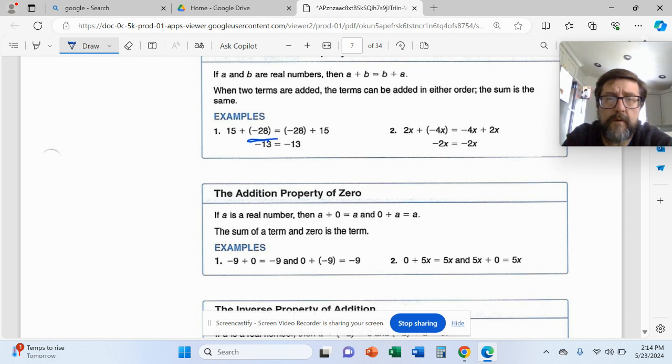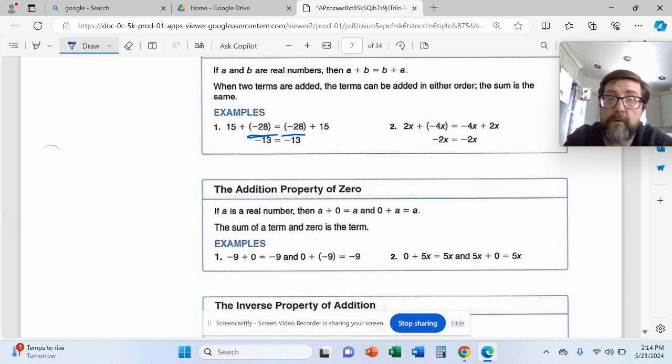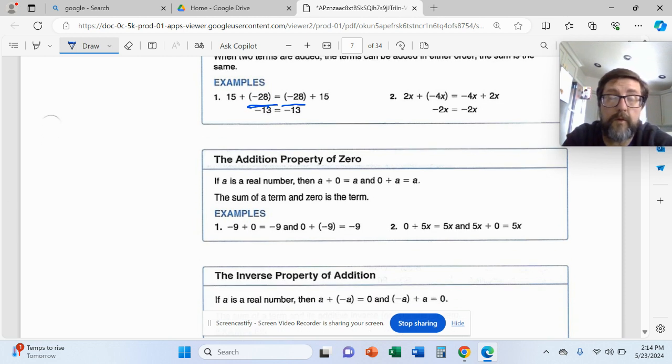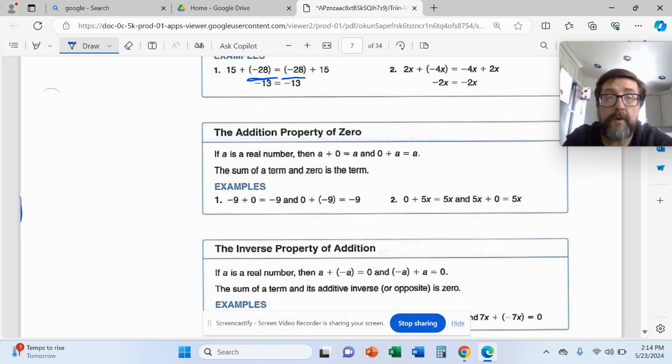I realize they do that because it's a negative number and your calculator wants to put negatives around. So 15 plus negative 28 equals negative 13, and negative 28 plus 15 equals negative 13. It doesn't matter. 1 plus 2 equals 3, or 2 plus 1 equals 3. That's putting it as the simplest.